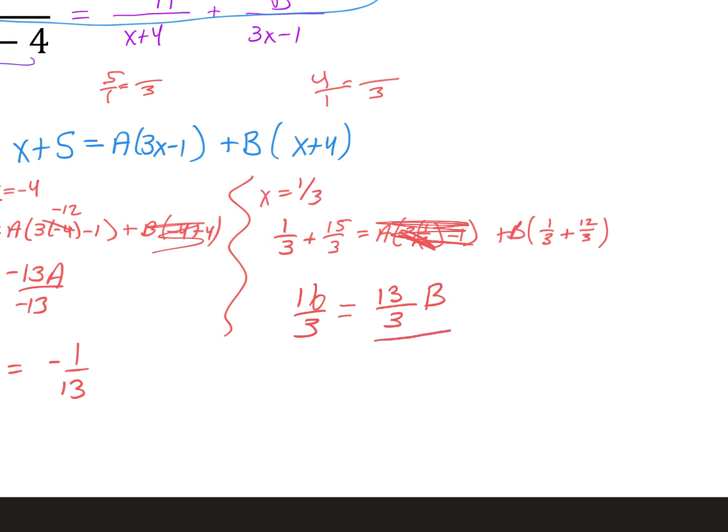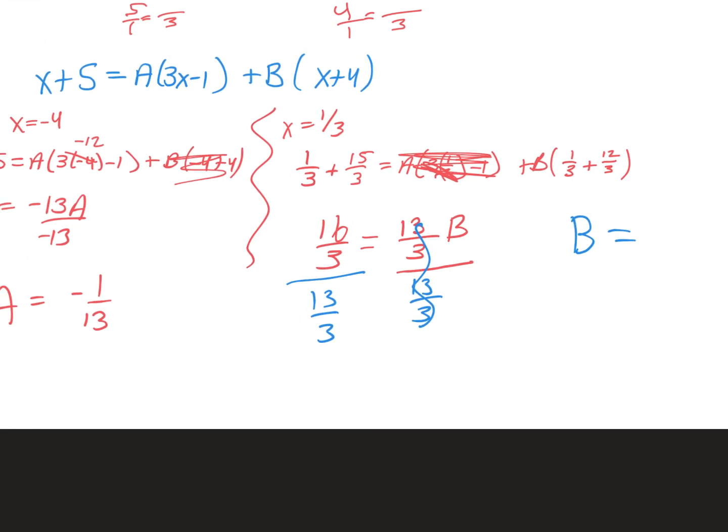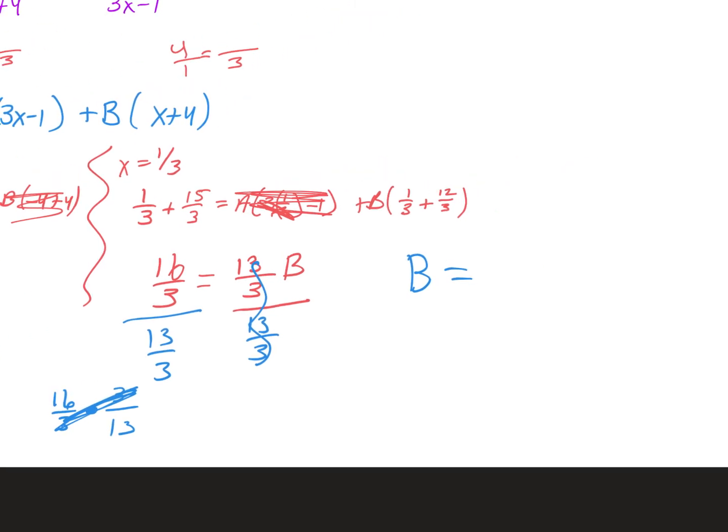So I'm going to divide both sides by what? 13/3 divided by 13/3. So b equals, guys, keep, change, and then what? Flip. So this becomes 3/13. Whoops. Don't know why I wrote 11. So my 3's cancel out. So what does b equal? 16/13. Okay, that's fine.